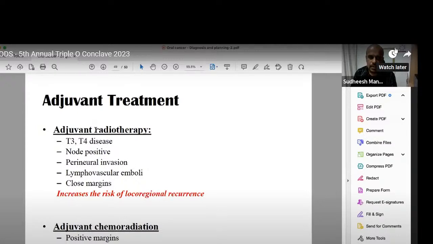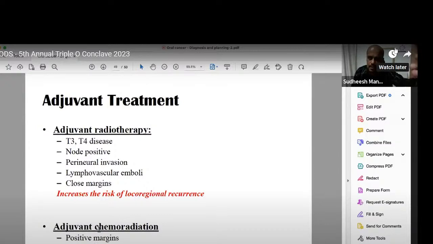That means the patient requires adjunct radiotherapy. And when there are positive margins or extracapsular spread in the nodes, the risk of distant metastasis increases. So in those cases, you have to add chemotherapy as well. So these are the 2 modalities of adjunct therapy in oral cavity cancers: adjunct radiotherapy and adjunct chemotherapy, and these are the indications.